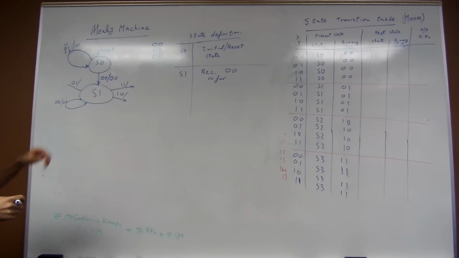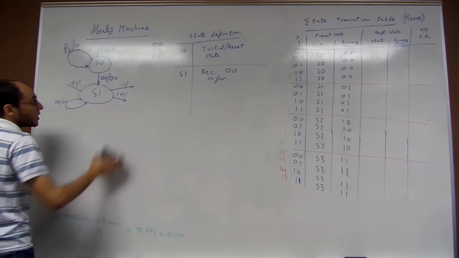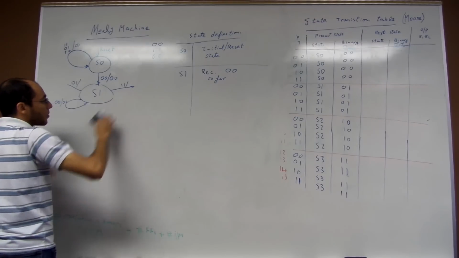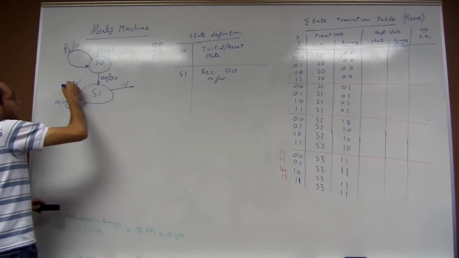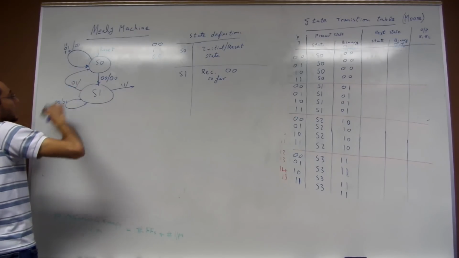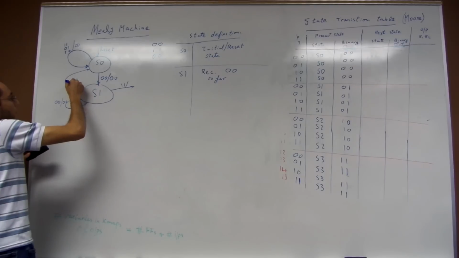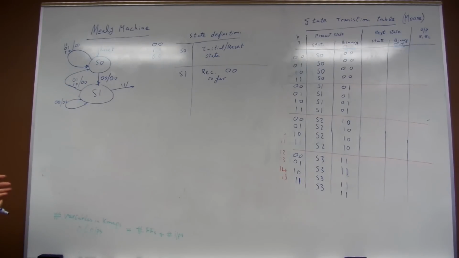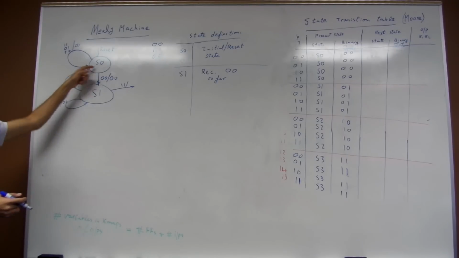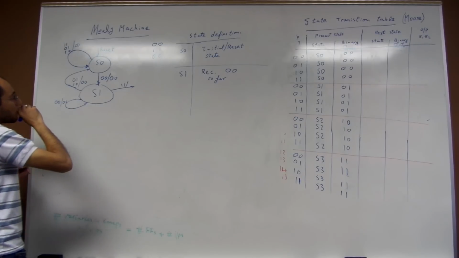Nothing, the sequence has not been received. Okay. What about 0, 1, and 1, 0? 0, 1, and 1, 0 are going to mess up the 0, 0 that has been received, and that's why they need to loop back to that state. So whether it's a 0, 0, whether it's a 0, 1 or a 1, 0, the output is 0, 0. Okay? And the next state is S1. Alright?